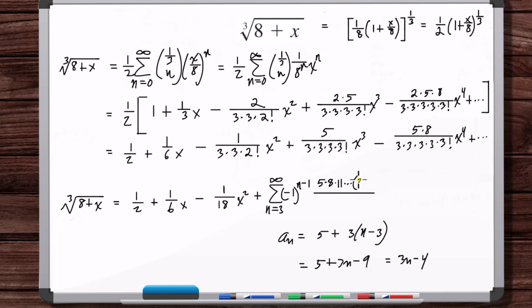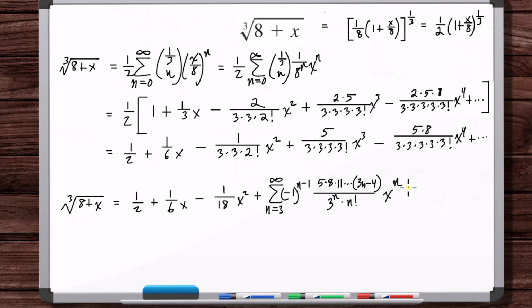So this would be 3n minus 4. Then we've got 1, 2, 3, so this is going to be 3 to the n times n factorial, and then x to the n.